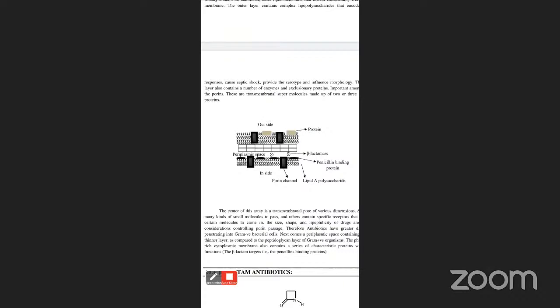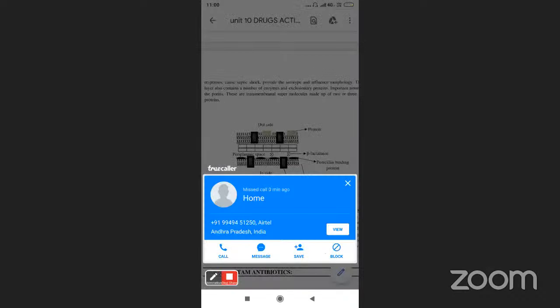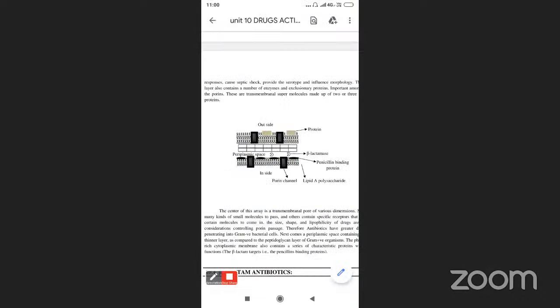Due to this 90%, it acquires complexity. So this is a difference.